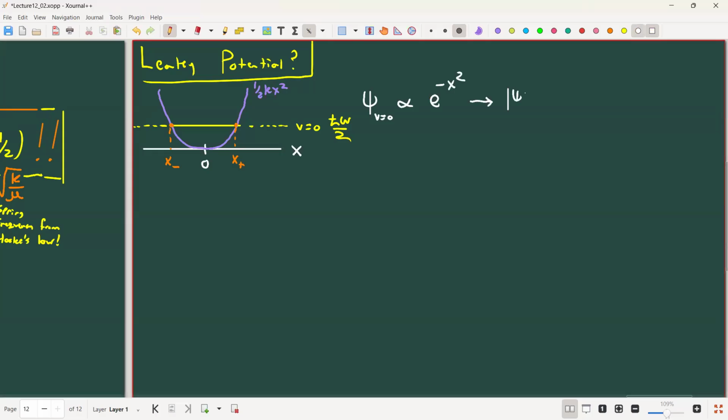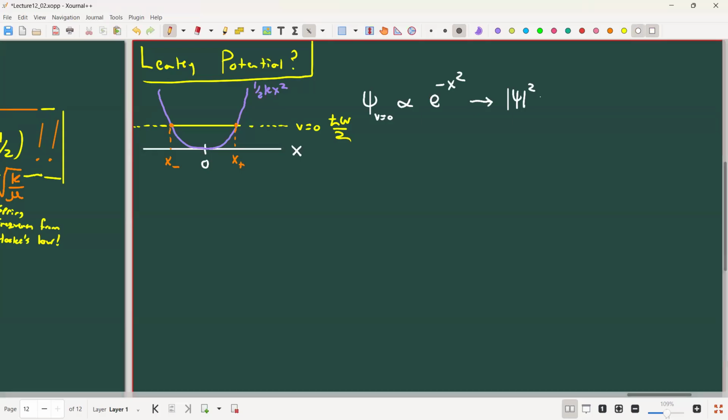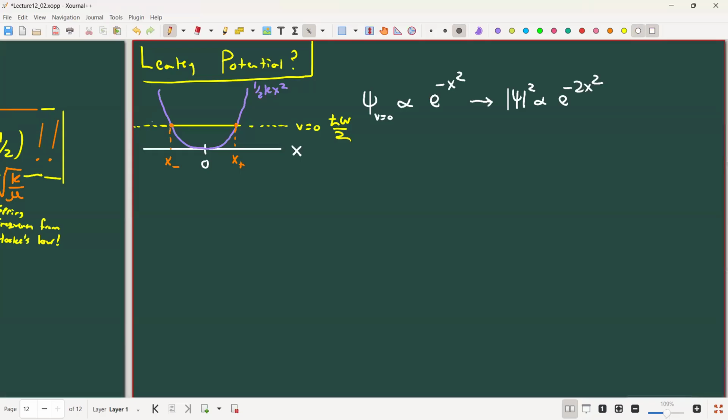That means that the square of the wave function is proportional to e to the minus 2x squared. So psi squared is also a Gaussian function, and it kind of looks like this.